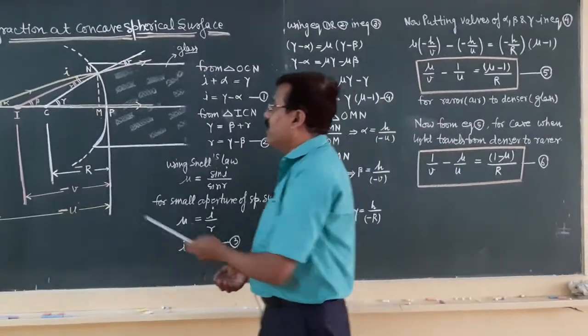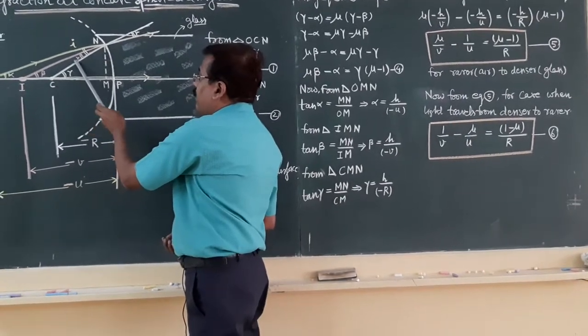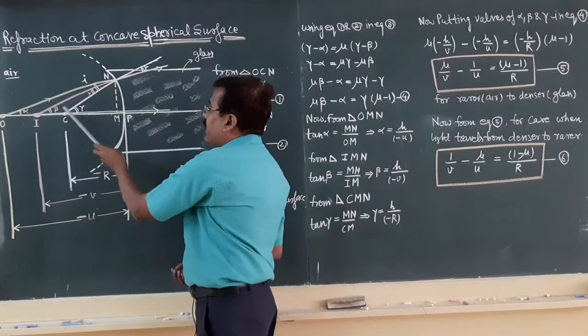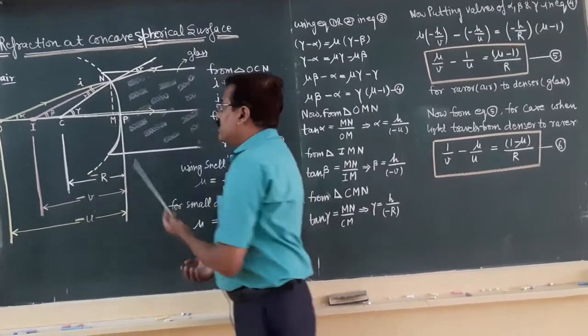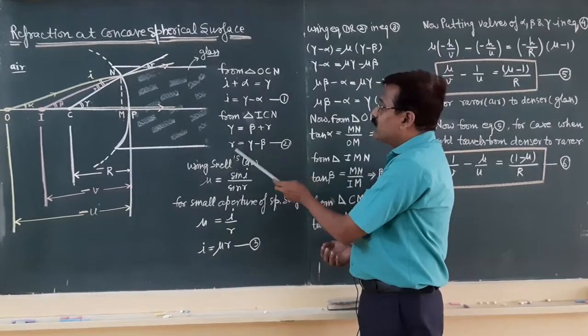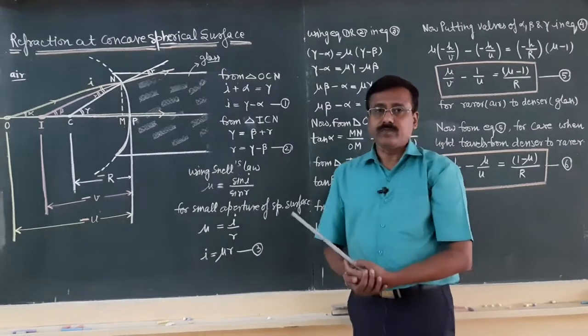Similarly, in triangle ICN, beta plus r is equal to gamma because gamma is exterior angle, beta and r interior angles. So, gamma is equal to beta plus r. So, r is equal to gamma minus beta, equation number 2.